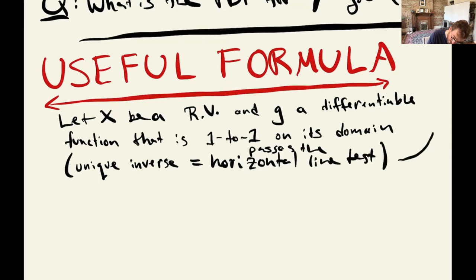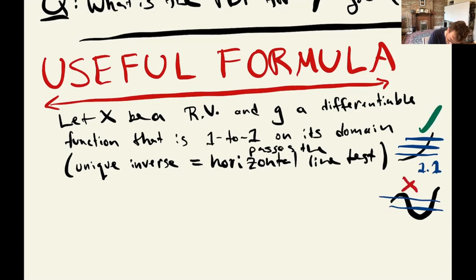So this is injective, also called one-to-one, but this is not. So this is a green arrow. This is a red X. It's not one-to-one.